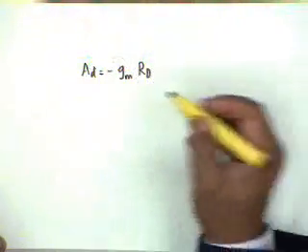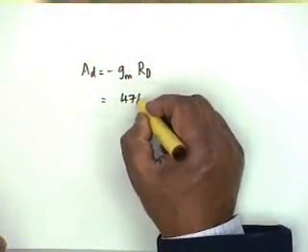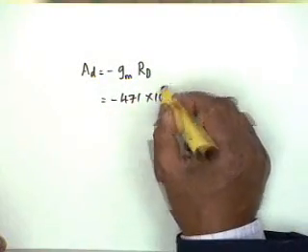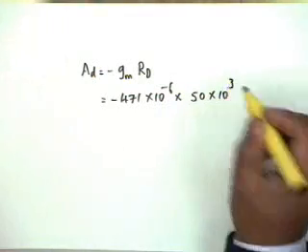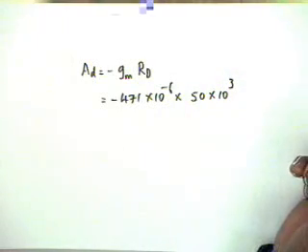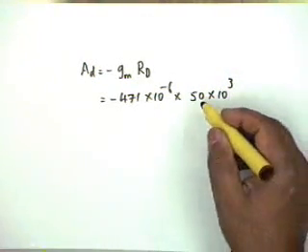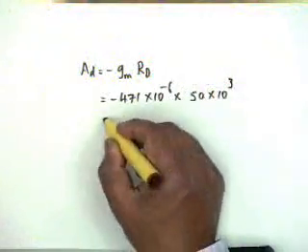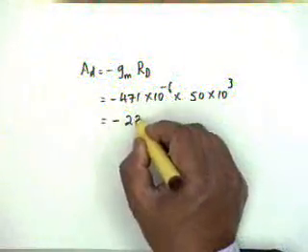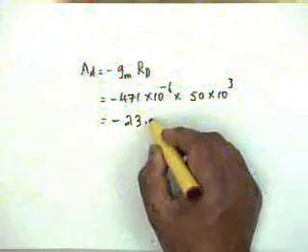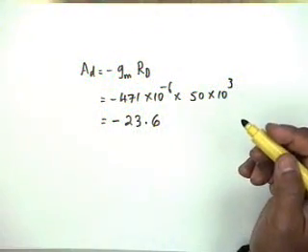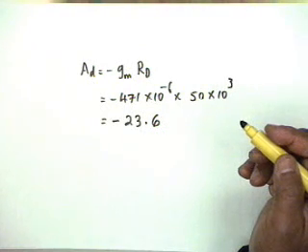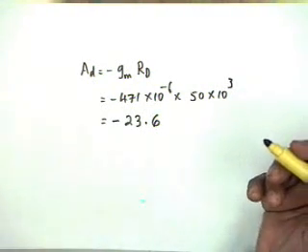Therefore, it is 471 times 10 to the minus 6 multiplied by 50 into 10 to the 3. It comes out as minus 23.6. I don't know how that 0.6 comes. Okay, that's what I simplified as 23.6.